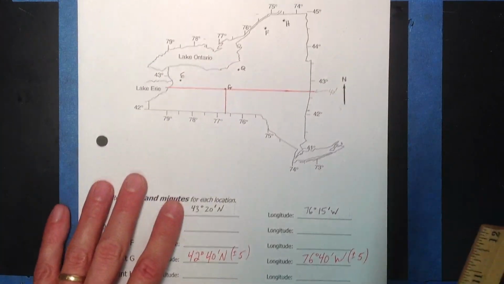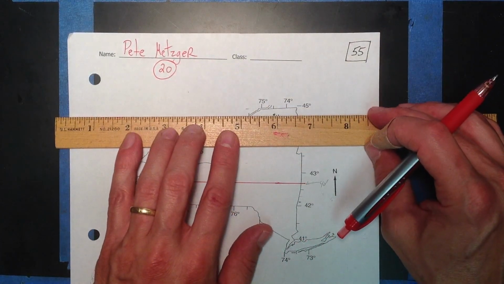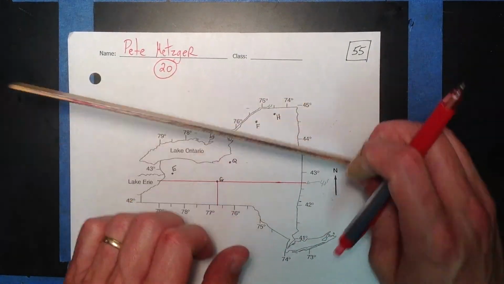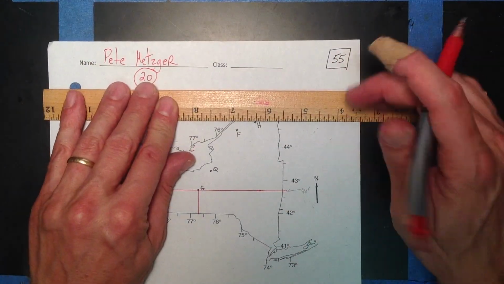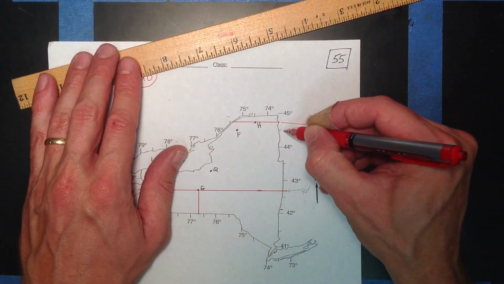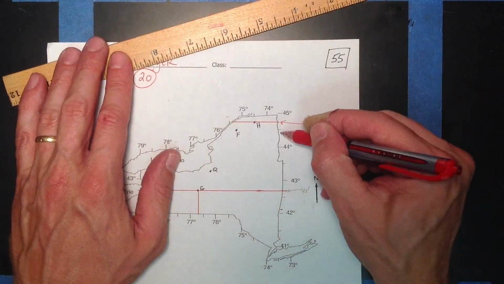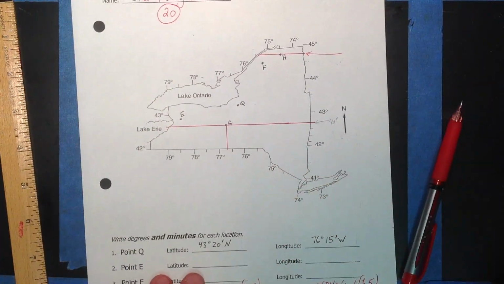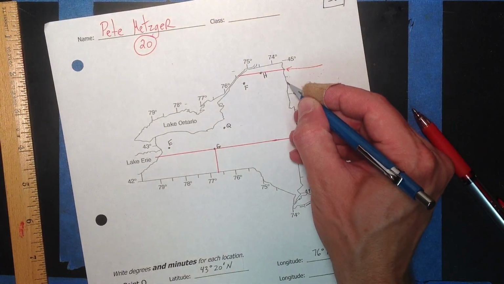Point H is going to be here, so let me see, point H, I'm going to actually draw it like this because it's easier for me to do it this way. Draw it like this, and I'm going to call that 44 degrees. Again, that's 30 minutes, that's 60 minutes. Maybe I'll call that 40. It's about halfway between the 30 and the 60, so that's 45. Some people, if you want to write things like this, this is what I do often. That's 30 minutes, and I break it down.